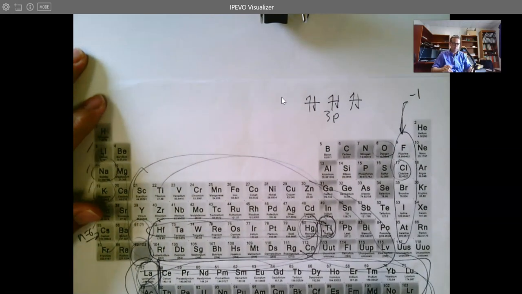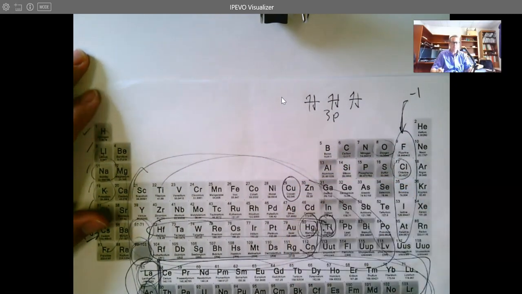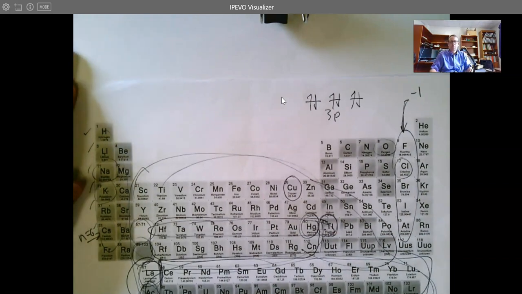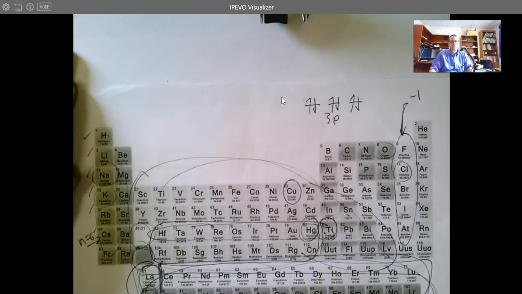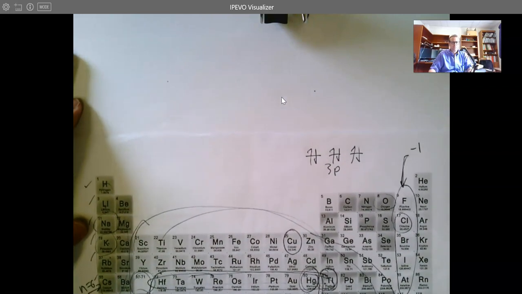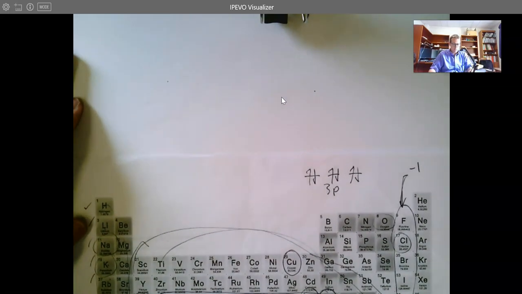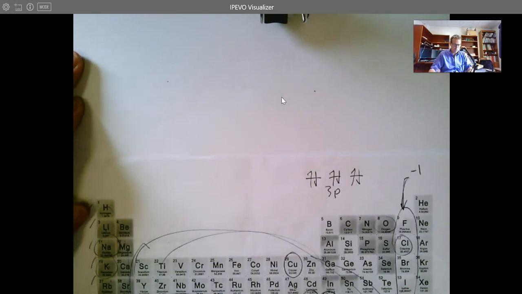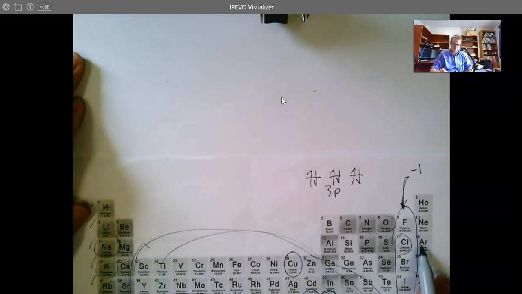Does anybody remember how many unpaired electrons an atom of copper would have? One unpaired electron. Okay, so how do we do that? Well, we have to look at the electron configuration.